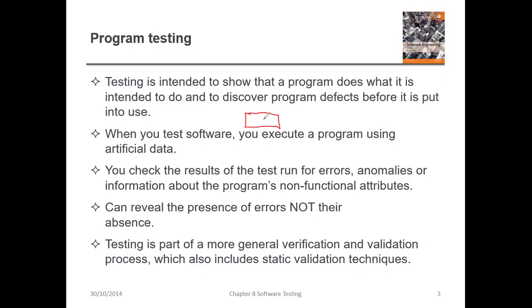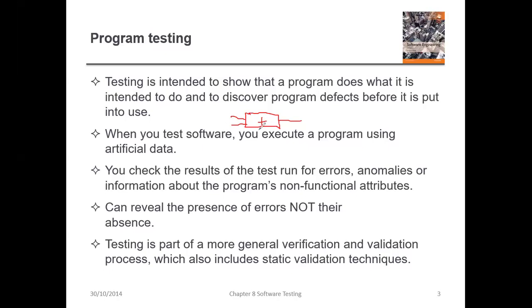So assuming we are told that this is a calculator that can do addition, then we want to test it to see if it's really a system that can do addition. So we'll give it inputs, data, and then we'll observe the output to see the behavior of the system by seeing if the output is correct or not.